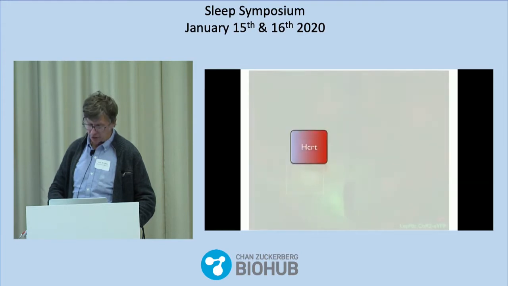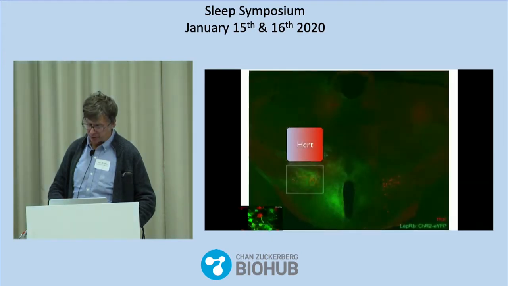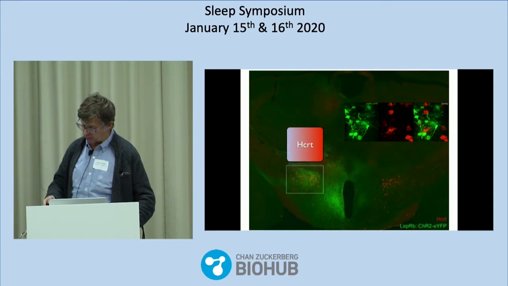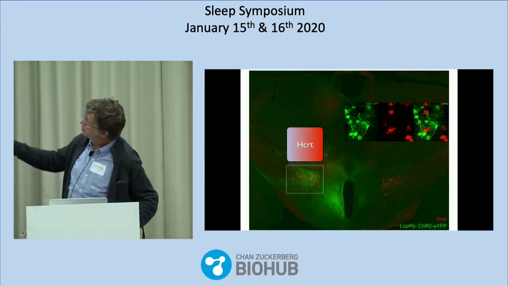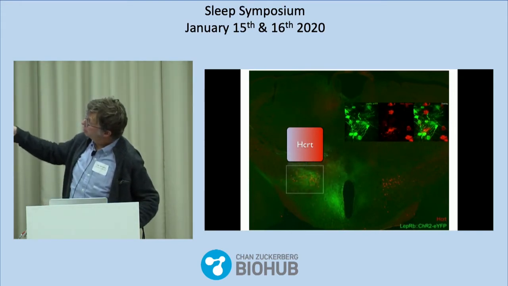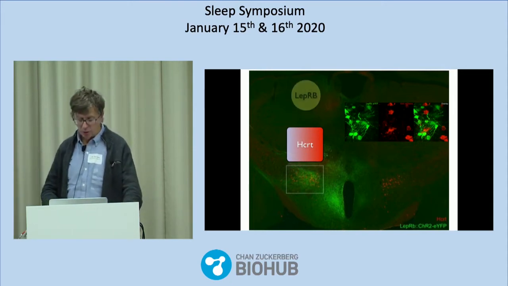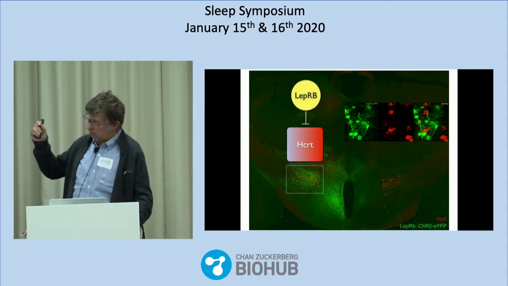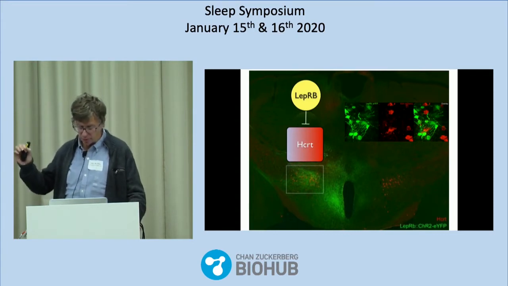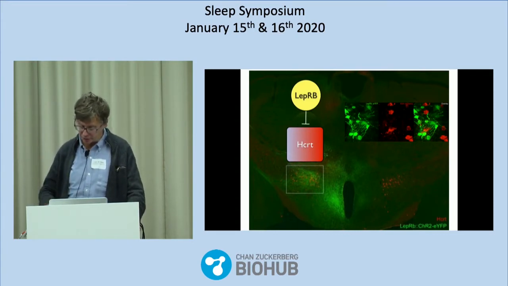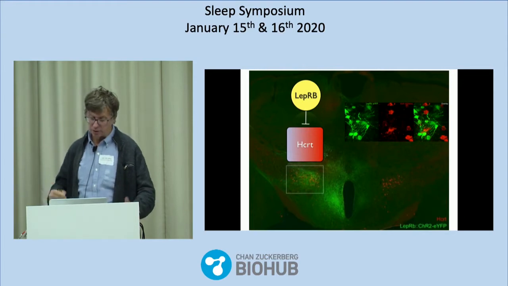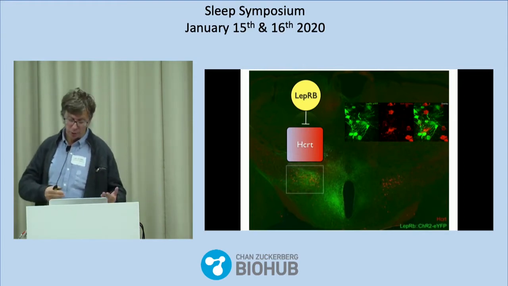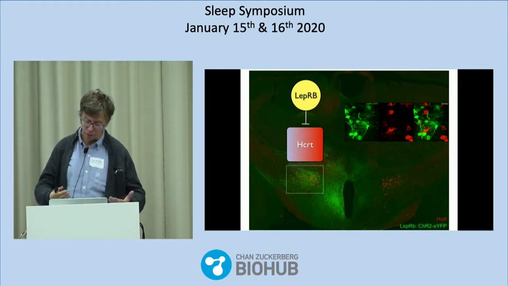These leptin receptor positive cells are present in the hypothalamus, here in green, and they're intermingled with hypocretin cells. And we demonstrated a few years ago that indeed leptin receptor positive cells modulate very efficiently hypocretin neurons, and therefore hypocretin neurons, without having leptin receptors, are modulated by leptin.